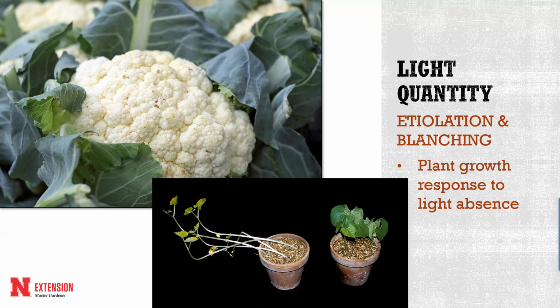The one that has light is growing much more vigorously, has shorter internodes, and is much more green. The other one is elongated and spindly, doesn't have as much green, so it's not photosynthesizing like it should. So there are issues with the light quantity in that picture.